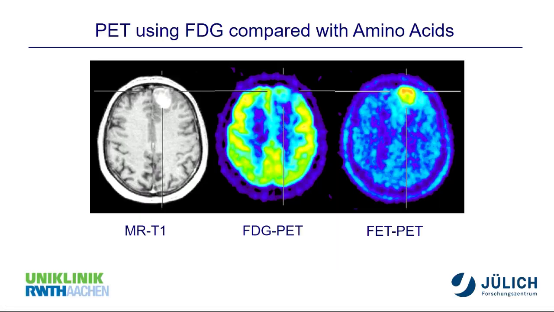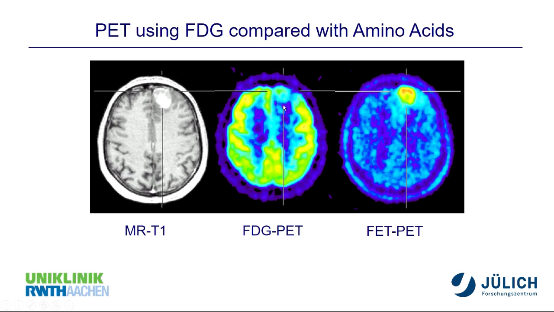The most widely used PET tracer in oncology is FDG. In the brain, however, there is high background radioactivity due to the high glucose consumption of the normal brain tissue. This makes a differentiation of tumor from normal brain difficult, as you can see from the image in the middle.